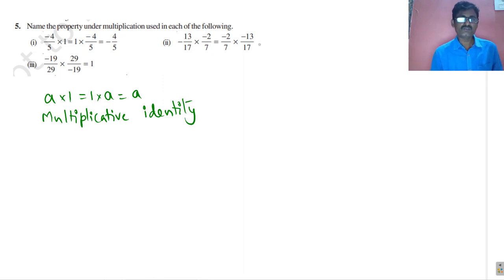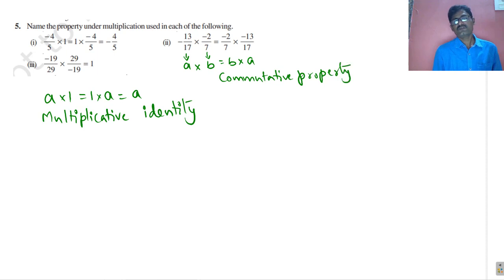In the second one you see here, suppose if you take this one as a and this one as b, then clearly this is like a times b equal to b times a. This is nothing but commutative property under multiplication.